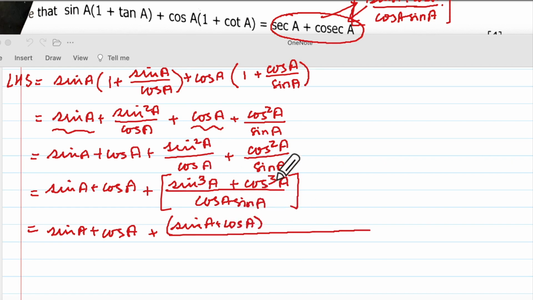The first bracket A plus B, and the second bracket is what? A square minus, correct or no? So it will be sine square A minus sine A cos A. Sorry, minus mistake.